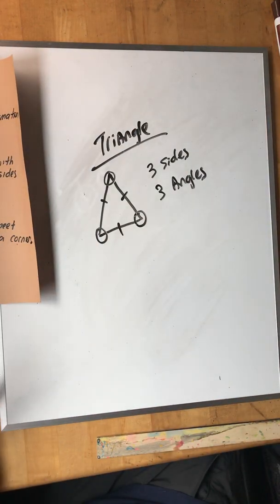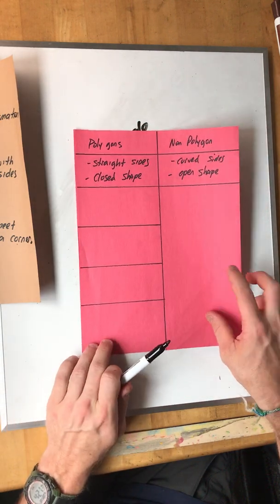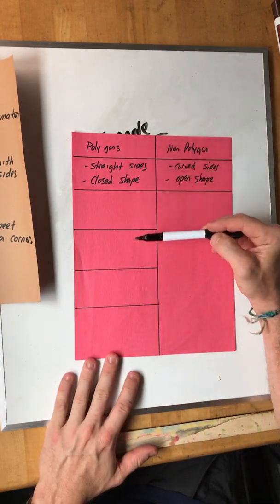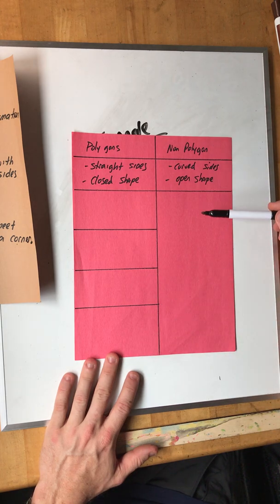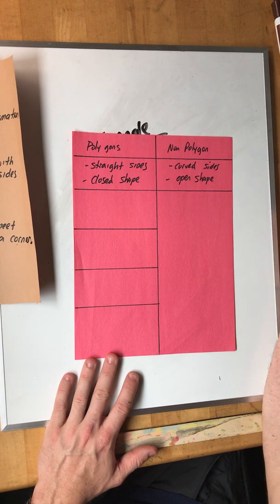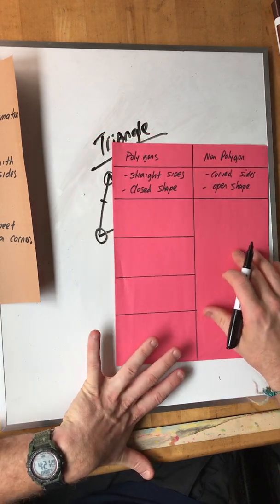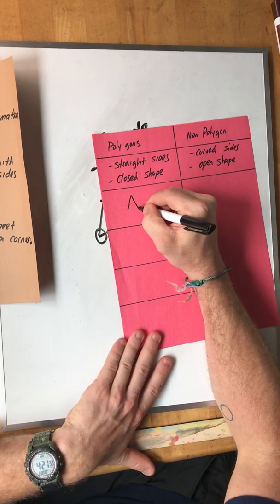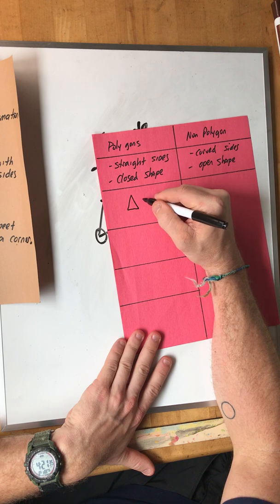Alright, now we're going to make a little bit of a chart. There's 2 sides. There's polygons on this side, and there's non-polygons on this side. A polygon has straight sides, and it is a closed shape. So I'm going to draw this triangle, and I'm going to draw a few other triangles.